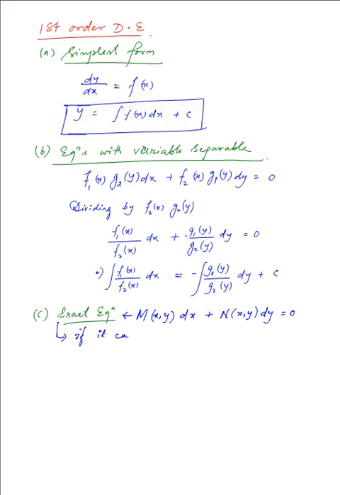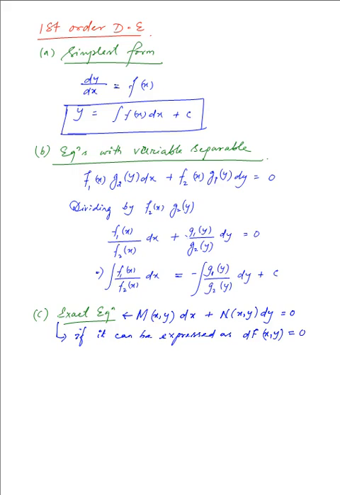it can be expressed as a complete differential form, that is df(x,y) equal to 0, of course, because there was 0 on the right hand side.